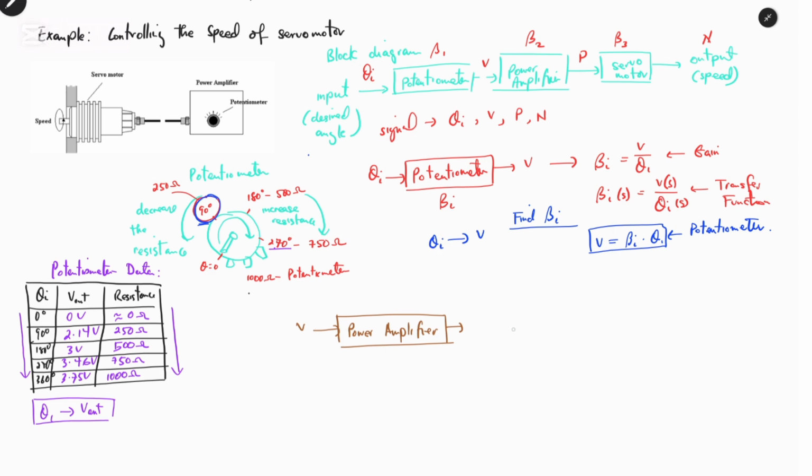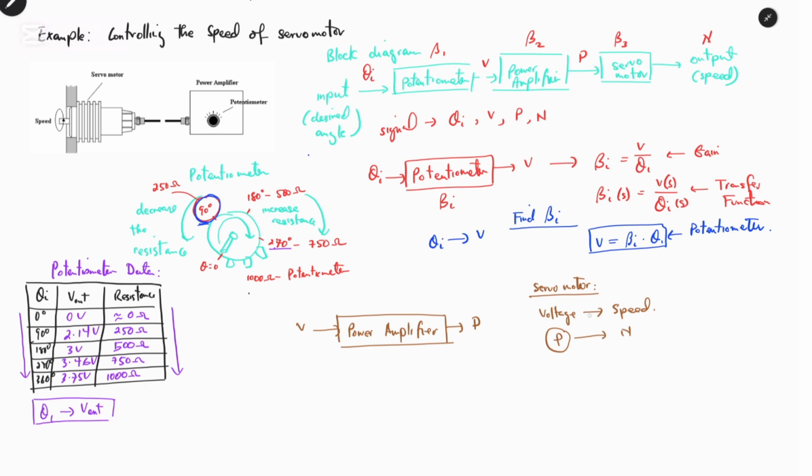When we look at the servo motor, we can also see the requirement for the servo motor: the voltage is proportional to the speed. And now the voltage will be the data, which is the P variable, and the speed is represented using the N. In order to obtain this P, this will be the output of the power amplifier.